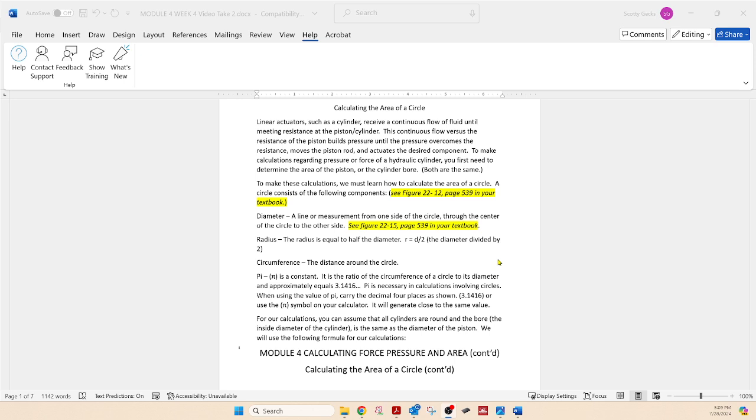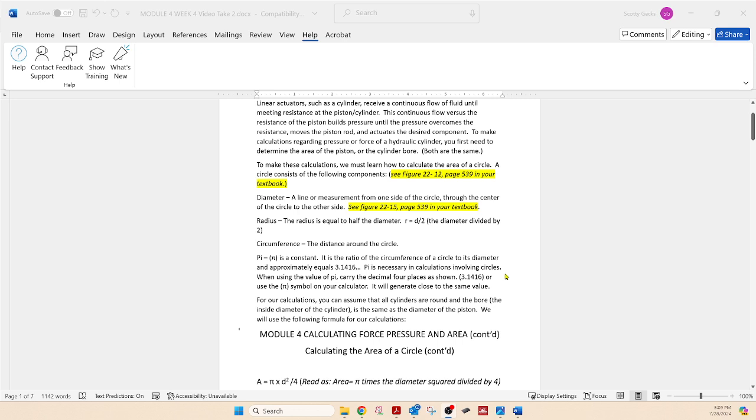And lastly, the circumference is the distance around the circle. Now, pi is a constant. That means it stays the same. And these little ellipses indicate that it goes on forever. There's no end to it. It's necessary in calculations involving circles. Pi is derived from the ratio of the circumference to the diameter.